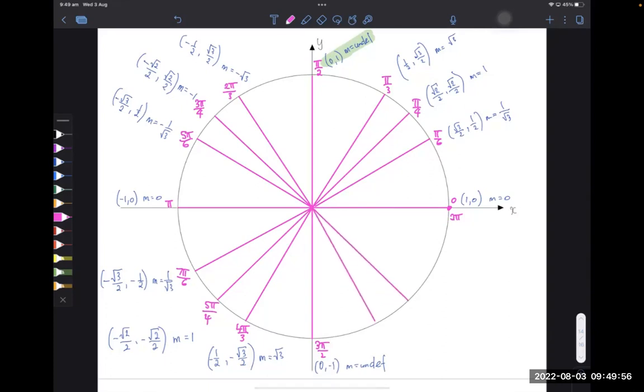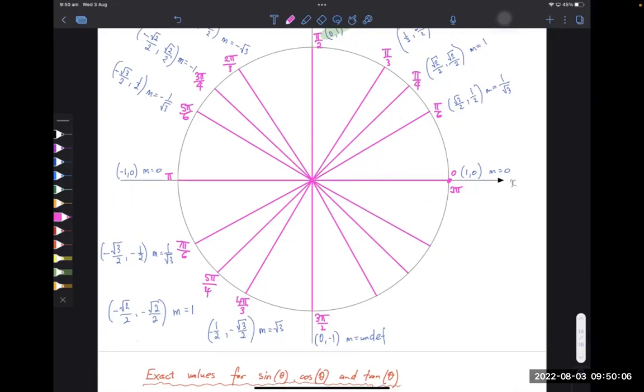Once you understand this, then I'm going to teach you how to calculate these values more quickly. But just before we do, 7 pi on 6, 8 pi on 6, 9 pi on 6.